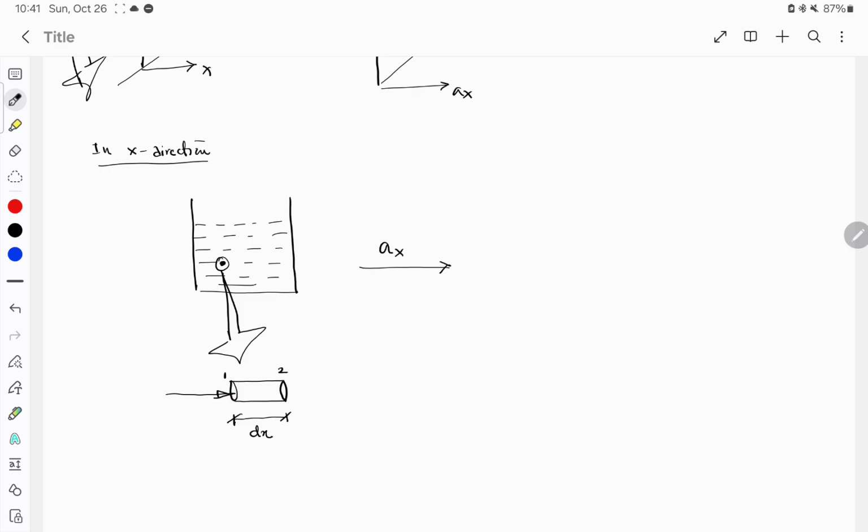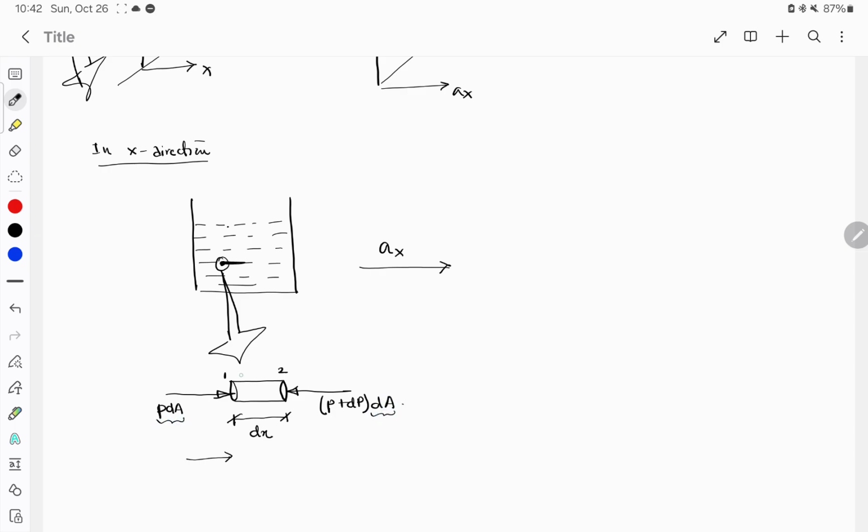At this point, what is the pressure? We know the pressure is P into dA, and we are moving in the x direction. As we move from point 1 to point 2, I am assuming that the pressure increases by dP, and if I multiply it with an area, it becomes a force.